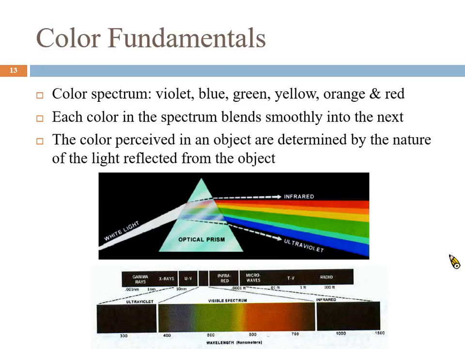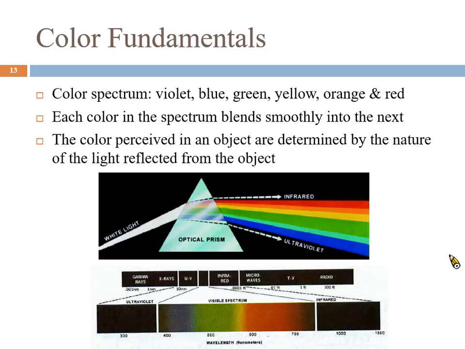The light from the sun, for example, actually consists of many lighting energies with different wavelengths, and light with different wavelengths may be perceived as different colors.